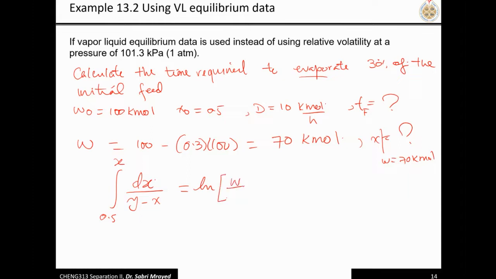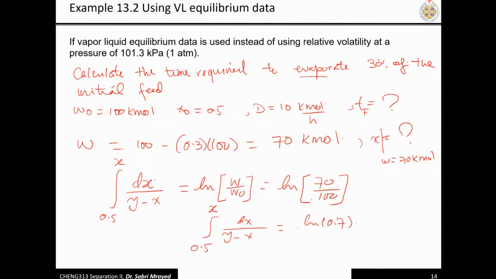I know W and I know W0. W is 70, W0 is 100. So this integration from 0.5 to x of dx over y minus x is equal to ln 0.7.